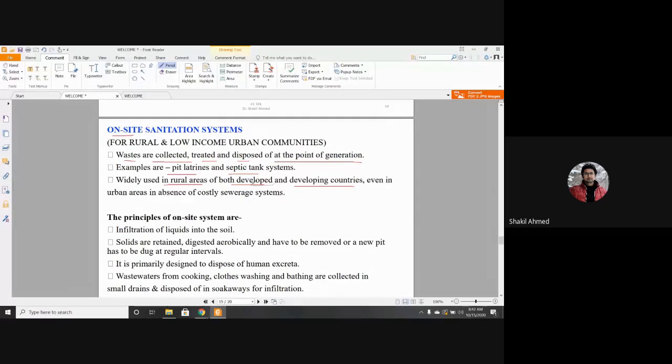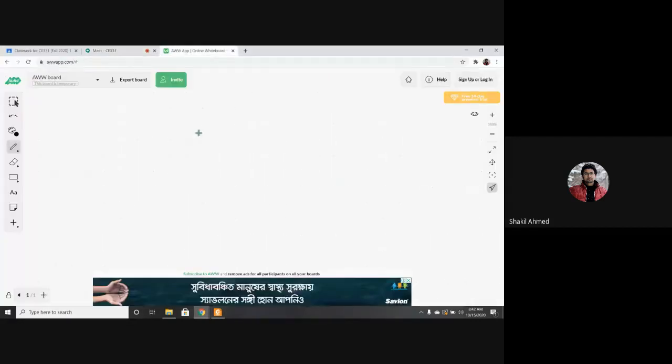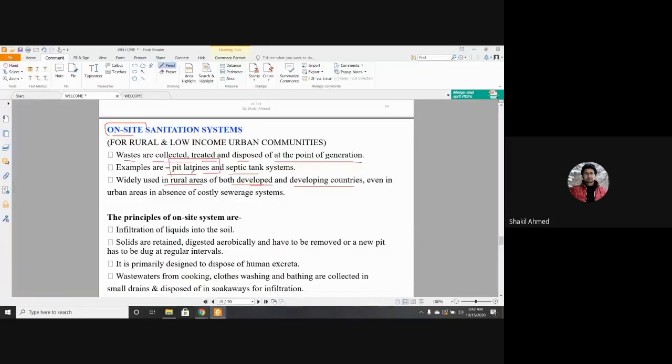Okay, so the on-site system is the system where, for example, a pit means a hole in the soil.